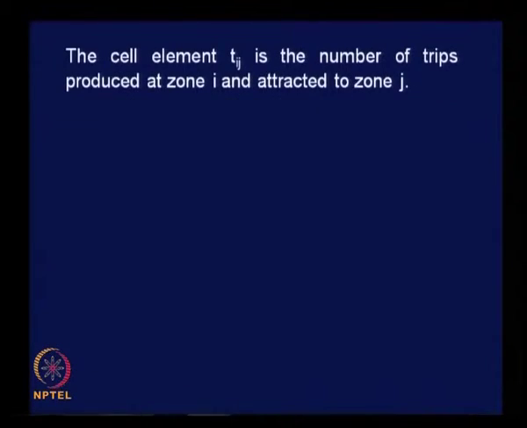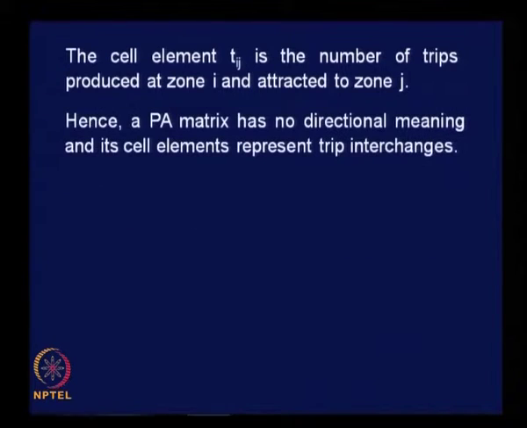To summarize the same thing, we can say the cell element Tij means the number of trips produced at zone I and attracted to zone J. Hence a PA matrix has no directional meaning and its cell elements represent trip interchanges only. This is a very important statement.